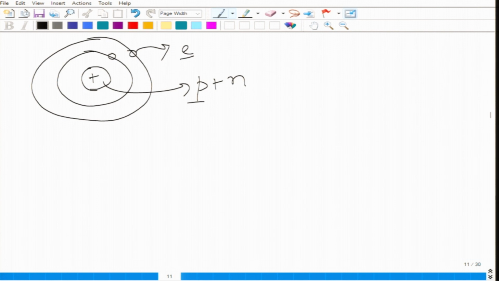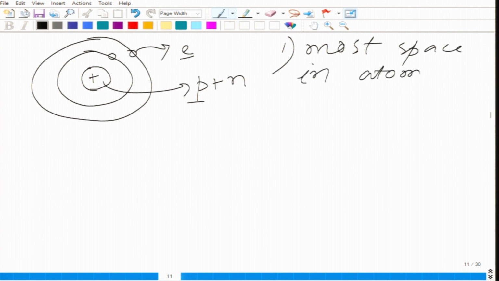So what did Rutherford's model say? Most space in the atom is empty. The size of the nucleus is very small as compared to the total size of the atom. But the mass of the atom is centered in the nucleus.